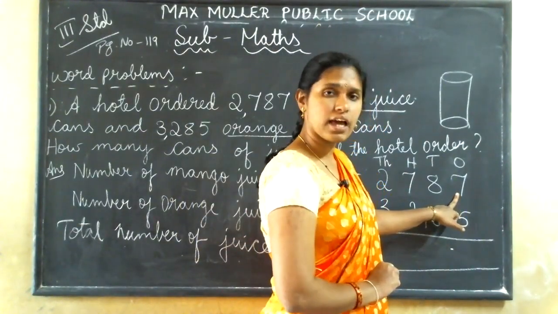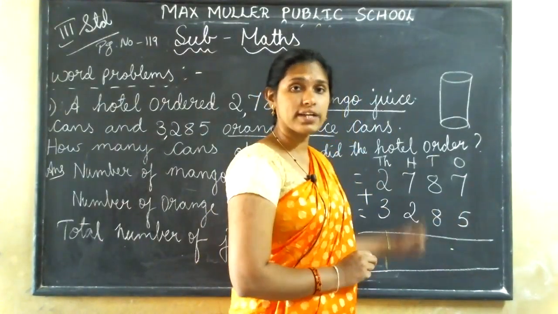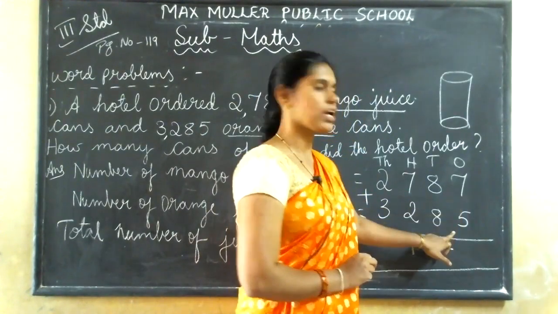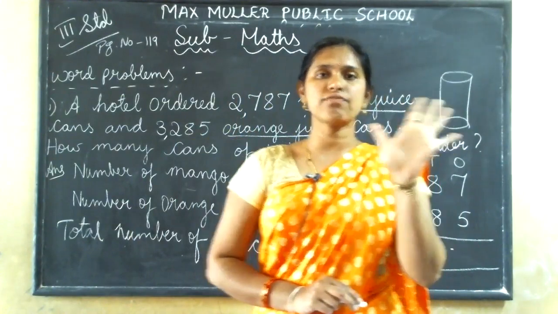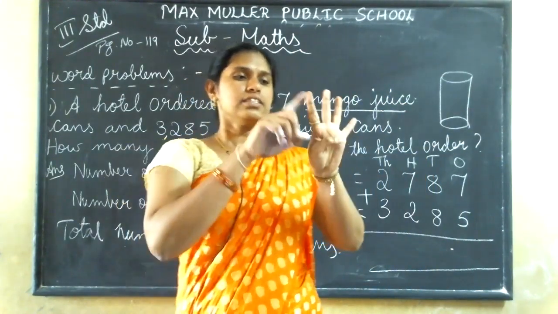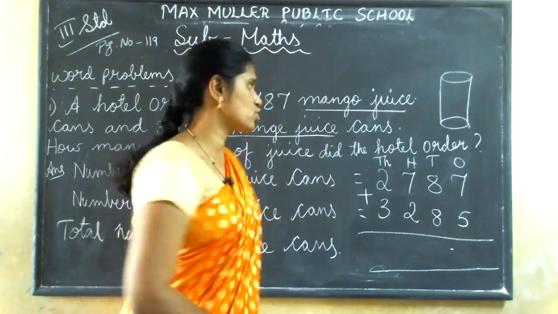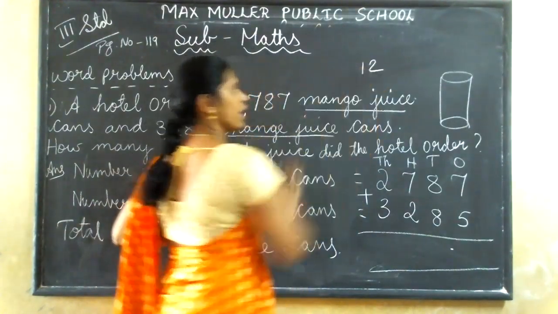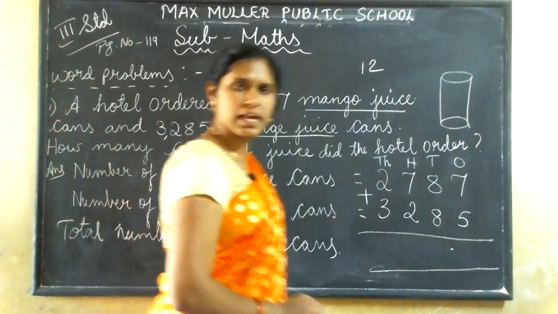So what is the number they have given? 7 plus 5. You are going to add that one. 7 plus 5 is how much? 7 in your mind, 5 on your finger. After 7, 8, 9, 10, 11, 12. This 12, how you are going to write this 12? Directly can I write 12 in one's place?